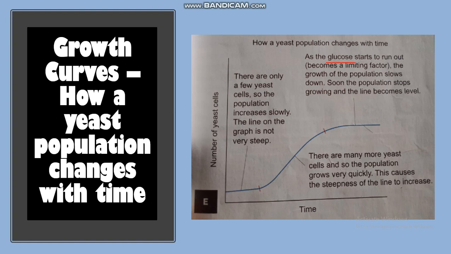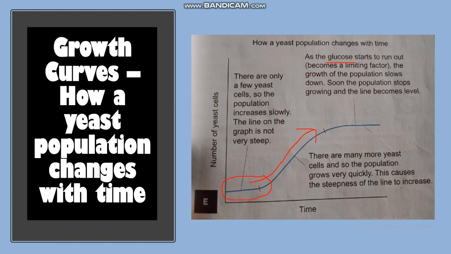Look at this graph. At first, the yeast cell only begins to use the nutrients and are in less quantity. But as the nutrients are being consumed by the yeast cell, the amount of yeast cell increases.